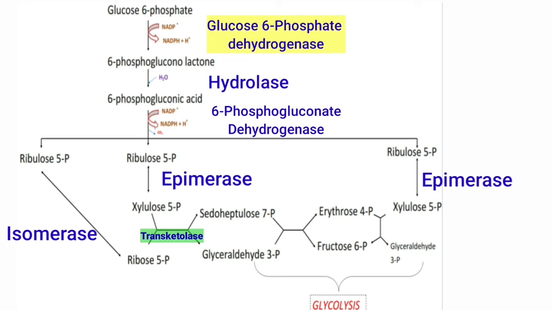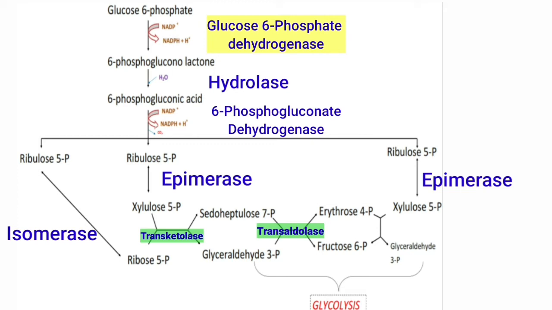So in the next reaction, glyceraldehyde 3-phosphate and sedoheptulose 7-phosphate are converted into erythrose 4-phosphate and fructose 6-phosphate by the action of enzyme transaldolase. And this erythrose 4-phosphate reacts with xylulose 5-phosphate, which is formed from the third molecule of ribulose 5-phosphate.